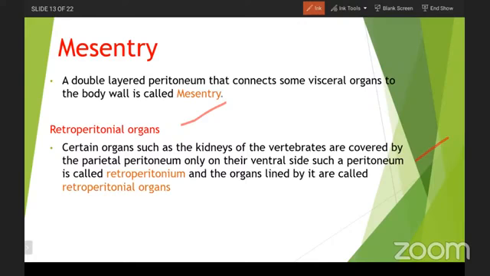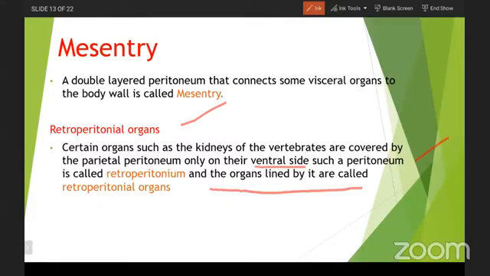In the vertebrates, the kidneys are covered by parietal peritoneum only. Which type of peritoneum? Parietal peritoneum only on their ventral side. Such a peritoneum is called retroperitoneum, and the organs lined by it are called retroperitoneal organs.